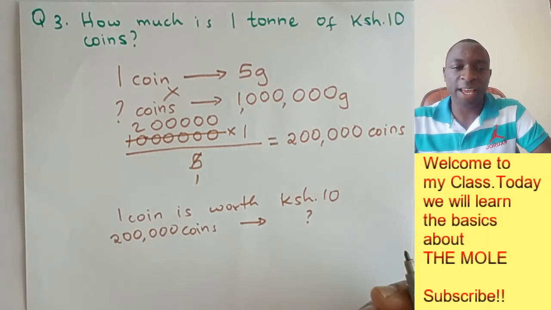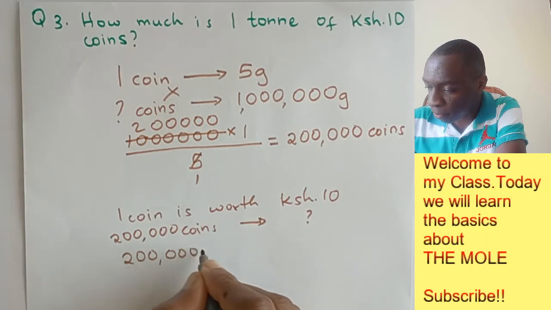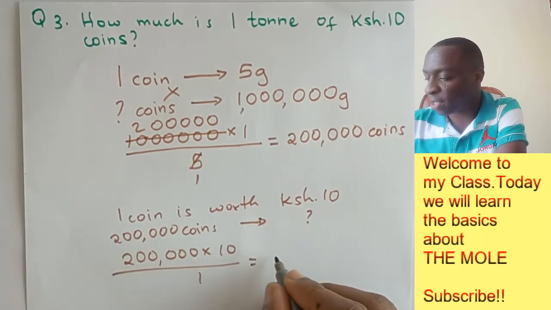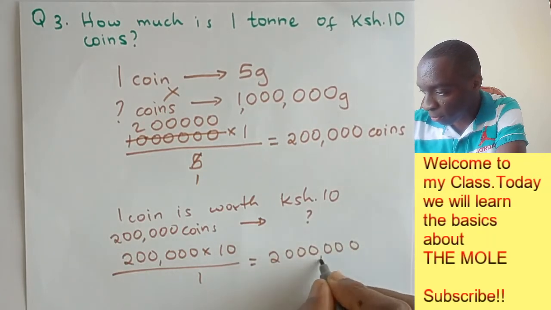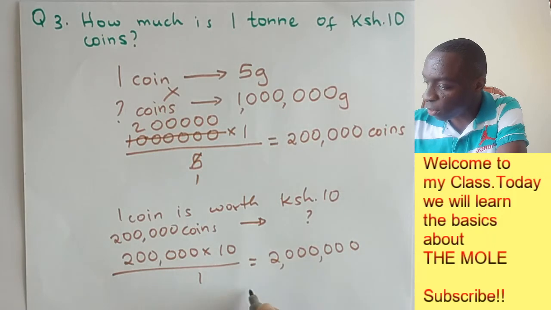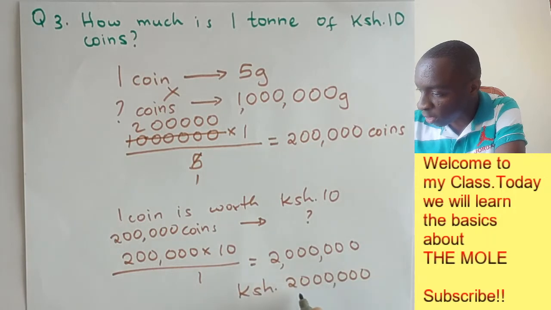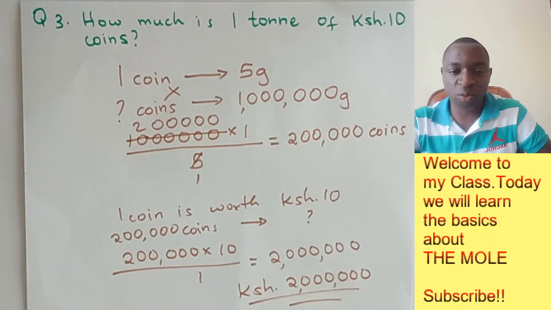You'll find that it is 200,000 multiplied by 10 divided by 1, giving us 2 million. So this is worth 2 million shillings. So a ton of 10 shilling coins is worth 2 million shillings.